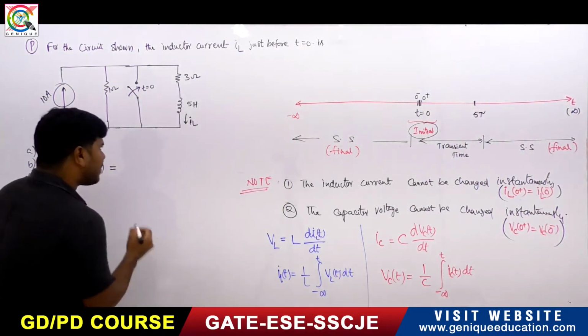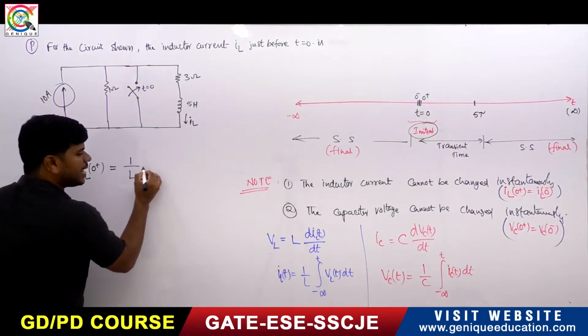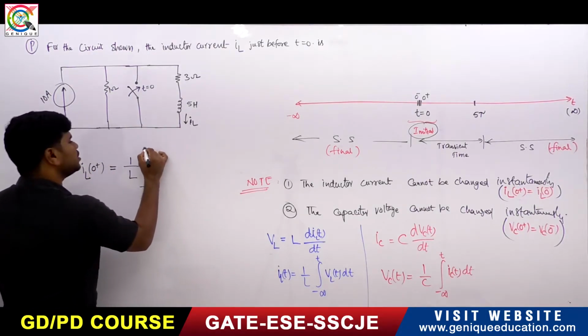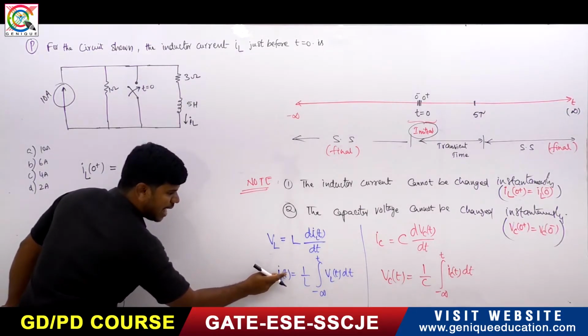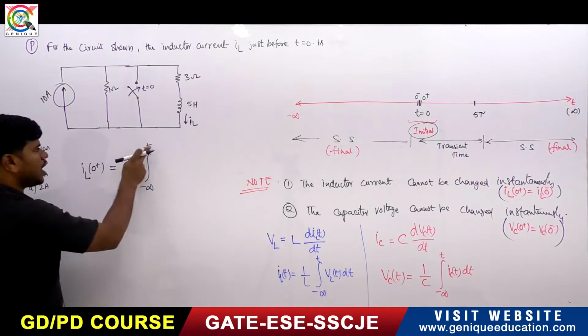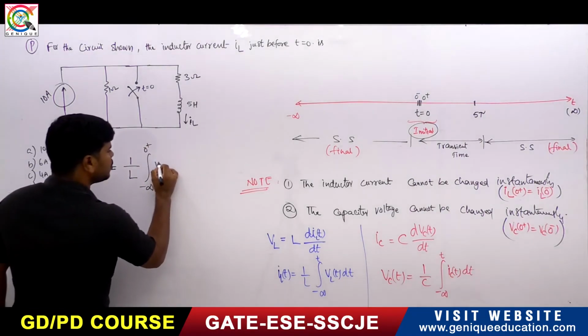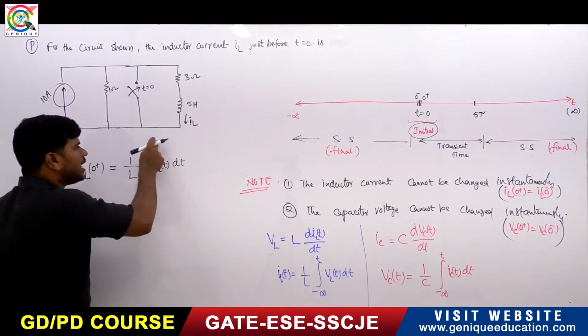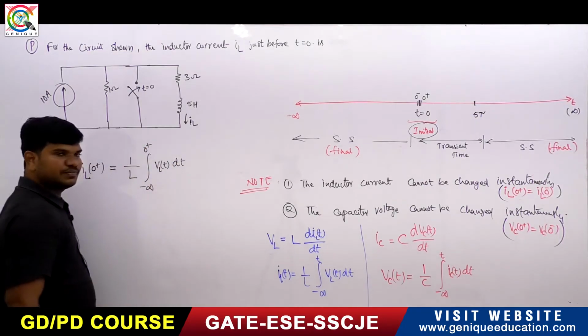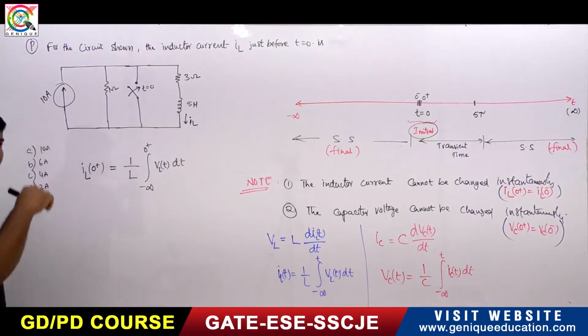This will be equal to 1 by L into the integral from minus infinity to 0 plus of VL of t dt. In place of t I am writing 0 plus there, and after integrating this we have to apply these limits.